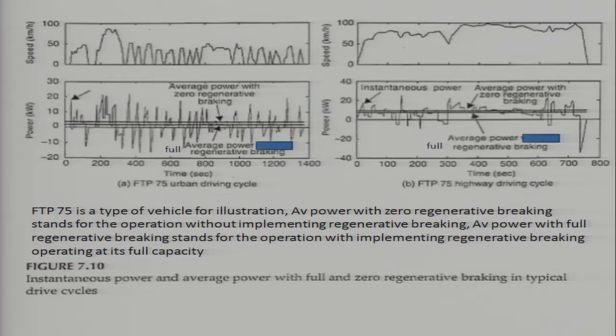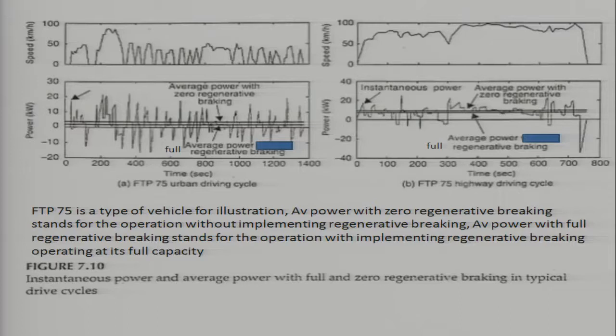It can go negative only when you are slightly reducing the speed in the deceleration process, and during this, whatever kinetic energy is there in the vehicle or the wheels is recovered using regenerative braking. That power is the difference between this average power and this average power, so the difference between these two lines is the amount of regenerative power.